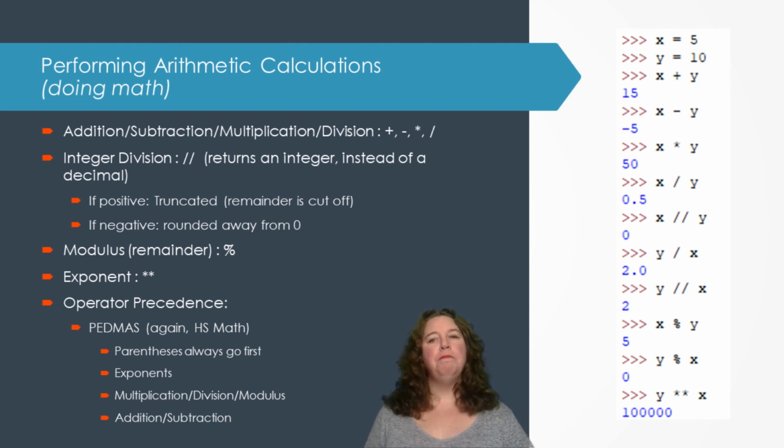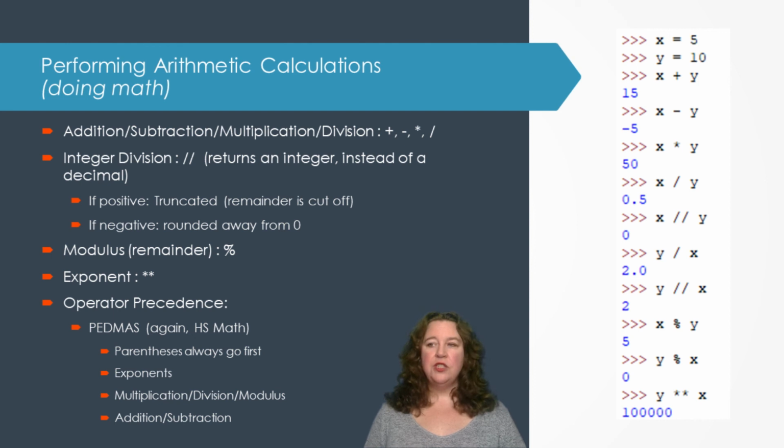So whatever your remainder is from a division, this may seem like a weird method to have, but you'll find that it is extremely useful in working with math problems. There's a lot of times that you're going to say, I want to know what the whole number of this division is, and I want to know what the remainder of this division is. That remainder is the symbol modulus, which is used by a percent sign.